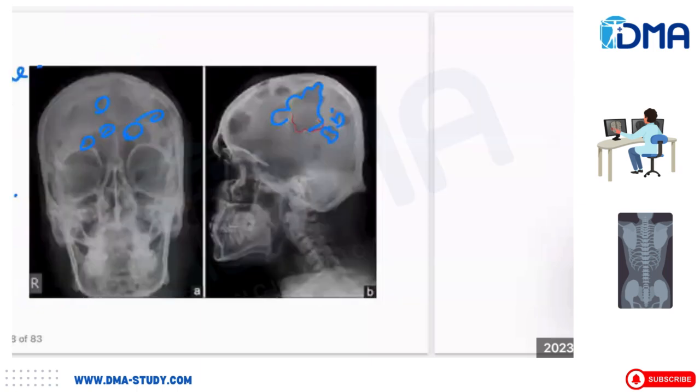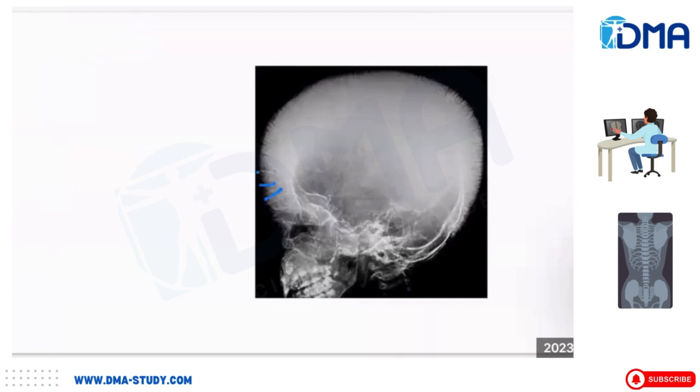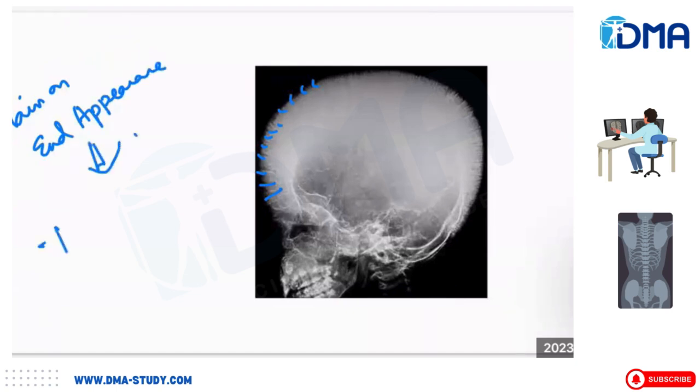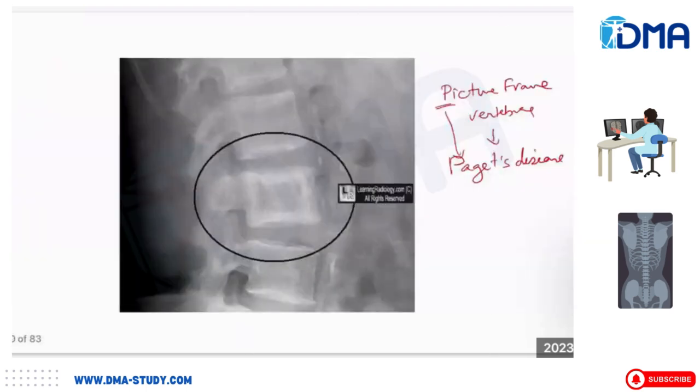Right? Where do you see this appearance? Hair on end appearance will be seen in thalassemia. And the picture frame appearance. Age is different.